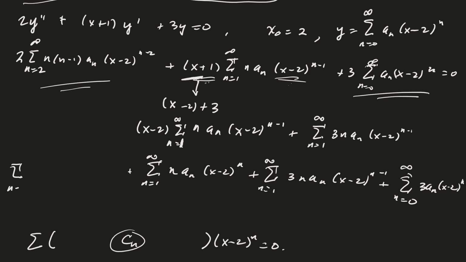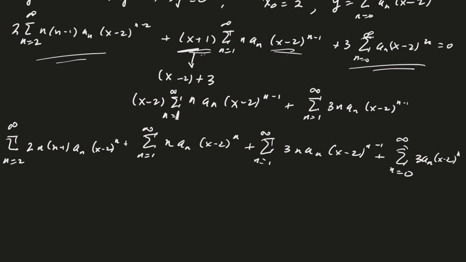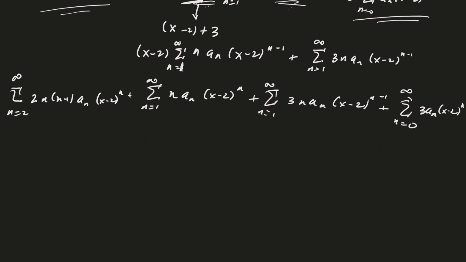Sum, n equals 2 to infinity, 2n times n minus 1, a sub n, x minus 2 to the n minus 2. I'm just trying to squeeze it in there. Sorry about that. Now I need some space. Good. And now we check to make sure that everything is starting on the same power. Oops, that's an n minus 2 there. Let's see if I can write that without losing you.